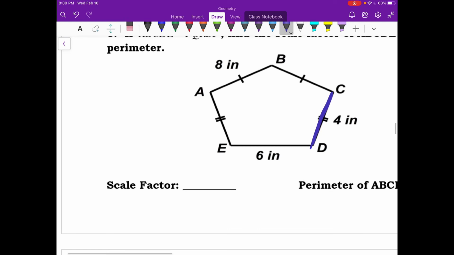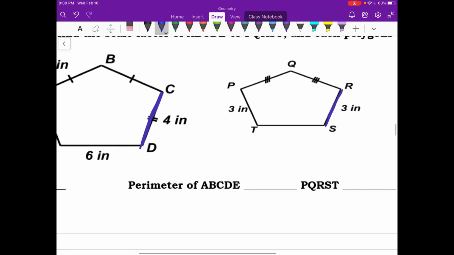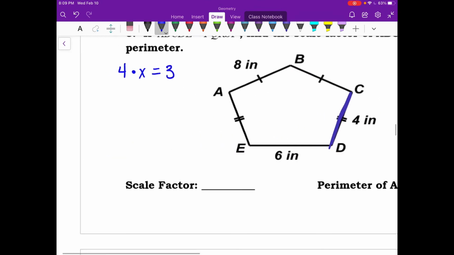So what number would I multiply 4 by, which was CD, to get me RS, which was 3? I would divide by 4 to get that number by itself, and I get x equals 3 over 4. So my scale factor is 3 over 4.